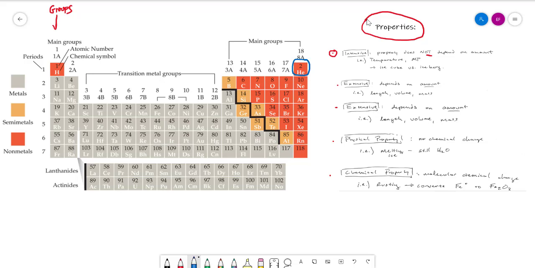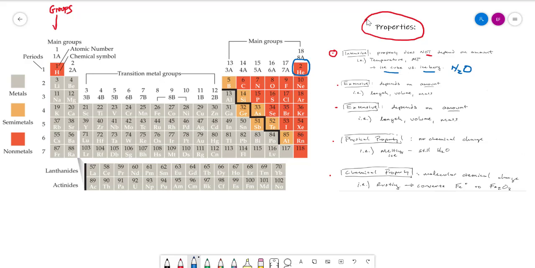An intensive property of helium would be something like its melting point that has no bearing on how much of the helium we have in the balloon, but is an intensive property to that particular element. Another example would be the melting point of an ice cube in your refrigerator versus an iceberg in the Arctic Ocean. Both of these are made up of simple water molecules, and the melting point doesn't change based on the amount of those substances. So that's an intensive observable property that scientists could have looked at.